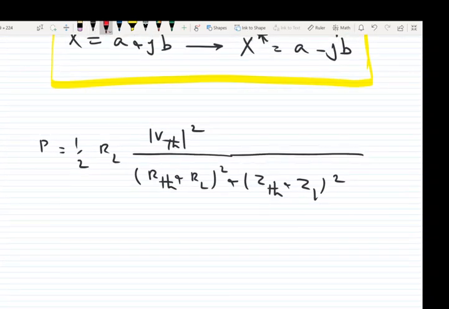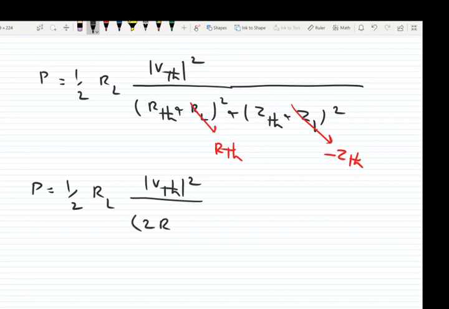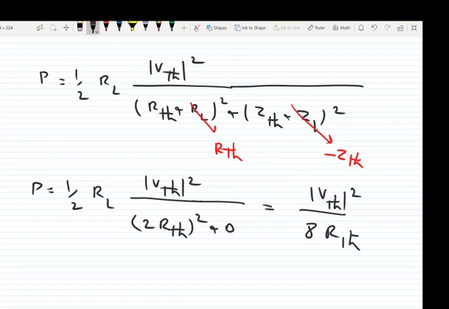If we replace ZL with the conjugate of Z Thevenin and RL with R Thevenin, we will have power equal to 1/2 of RL V Thevenin squared over 2R Thevenin squared plus 0, which is equal to V Thevenin squared over 8R Thevenin.